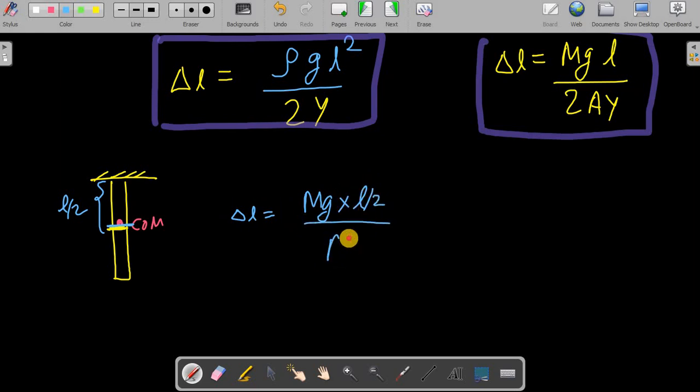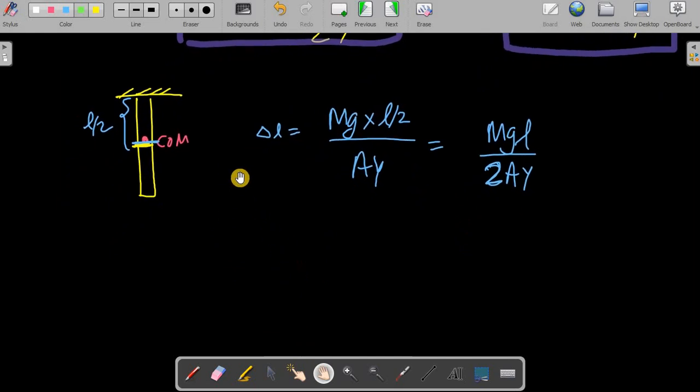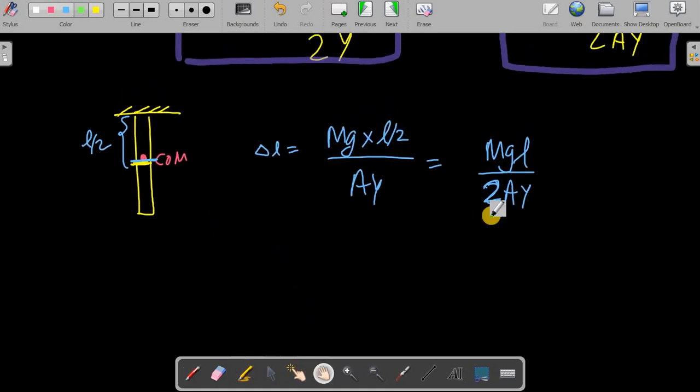Directly you can take mgL by 2AY. This type of shortcut can work only for a uniform rod. For a non-uniform rod this will not work, right? For example, if it is a different shape, or the density is not constant, not uniform. But for simple things you can do it.